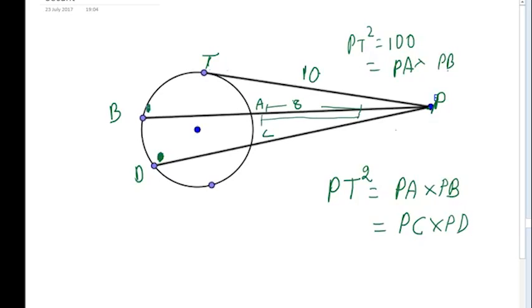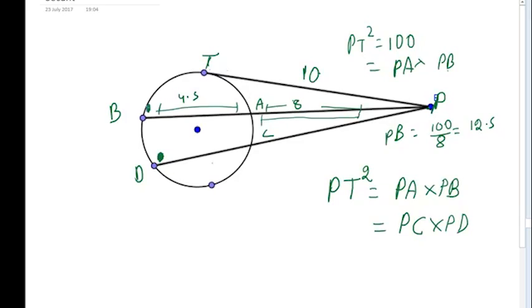So from here you can get, if this is 8, then PB will be equal to 100 by 8, or whatever it comes to, 12.5. And so if you wanted to calculate this thing, you can say that this will be 4.5, because this is already 8, so this is 4.5.